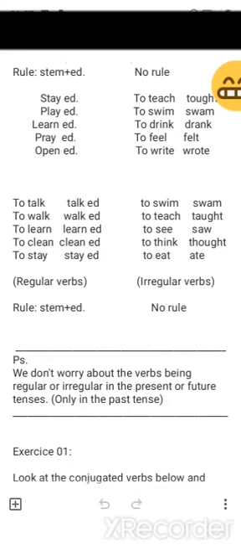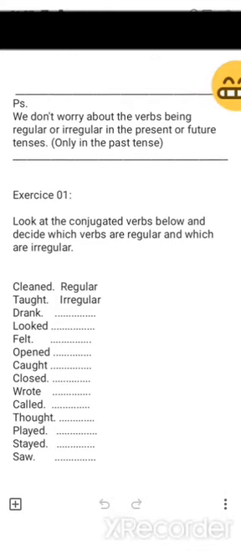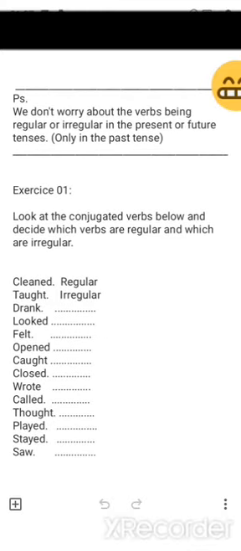To teach becomes taught. It changes. And there is no rule, we just have to memorize and practice so that it is easy for us to conjugate them in the simple past. By the way, we don't have to worry about the verbs being regular or irregular in the present or in the future tenses, only in the past simple.